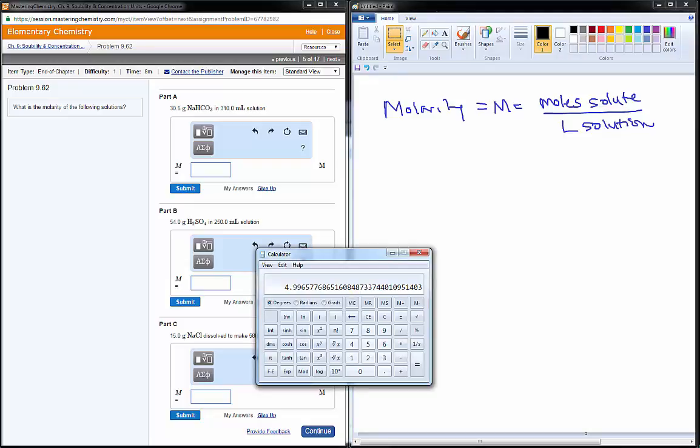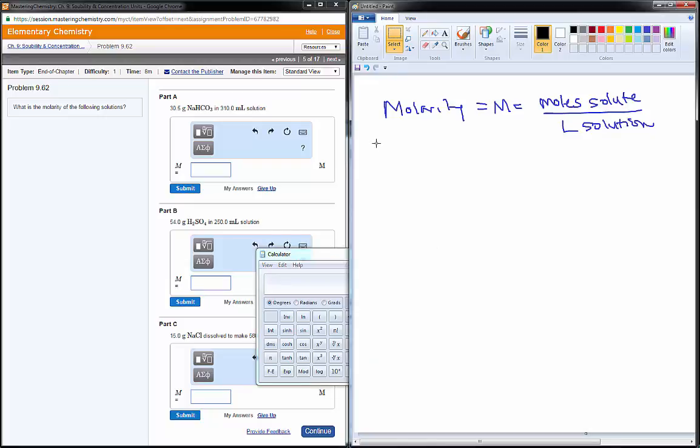NaHCO3: Na was 22.99, hydrogen 1.008, carbon 12.01, and oxygen 3 times 16, giving 84.008 grams per mole.